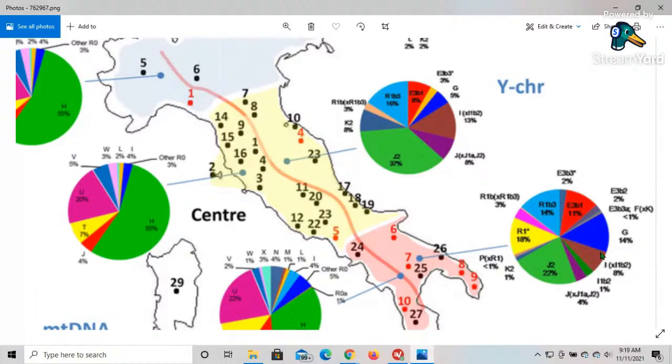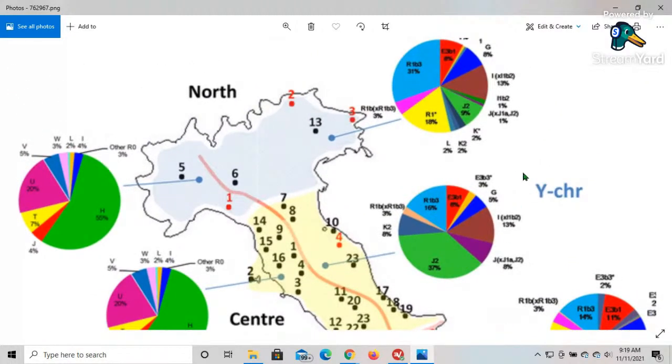But you can see almost 2/3 of the population is Israel or Judah. And up in here, still significant, 1/4 of the population is Israel or Judah, up in the mountains of northern Italy.